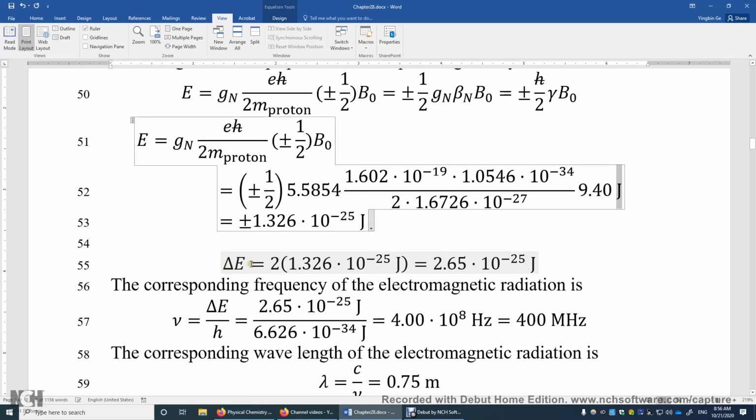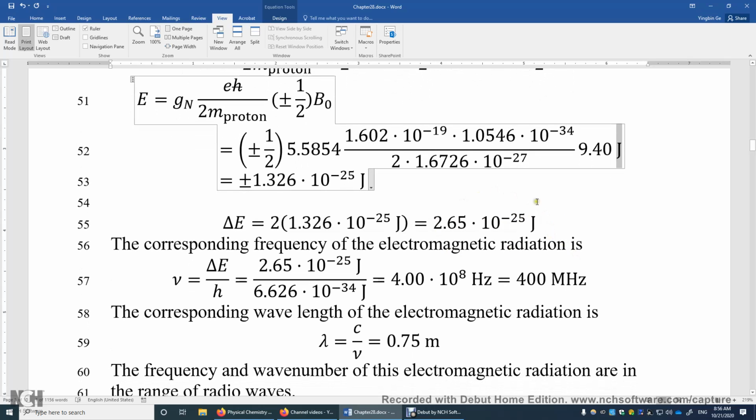What about the energy spacing? It's just the energy difference between the plus and minus numbers, so it's 2 times this number, and I got 2.65 times 10 to the power of negative 25 joule. It's a very small amount of energy spacing. We can calculate the corresponding frequency of the electromagnetic radiation that corresponds to this energy difference.